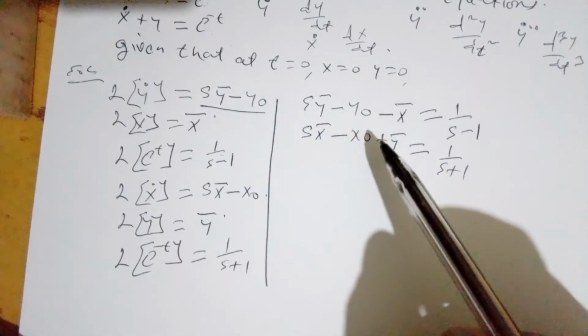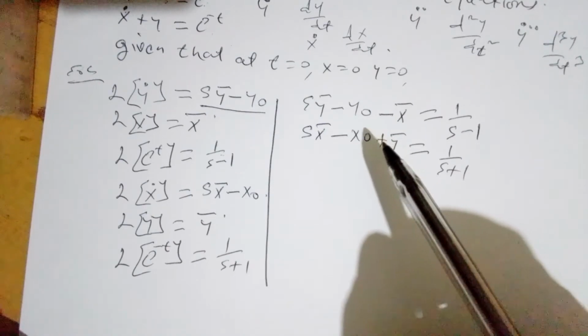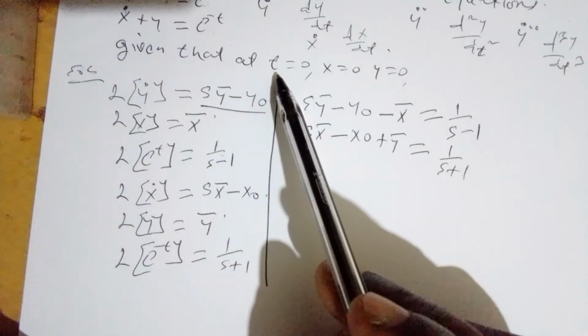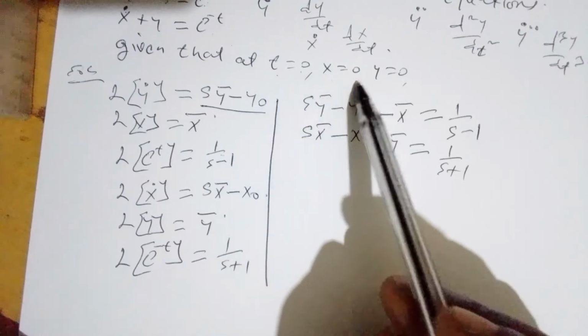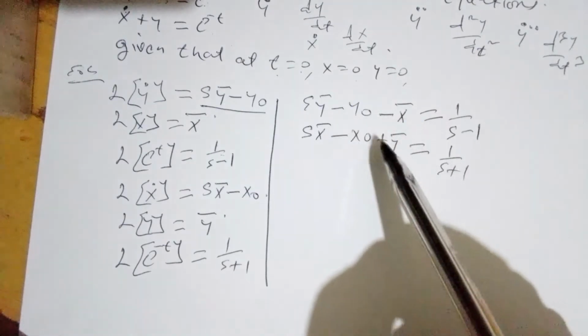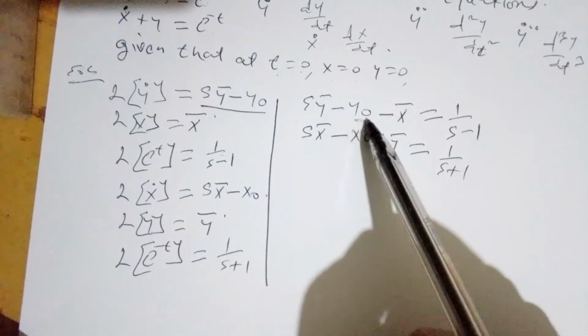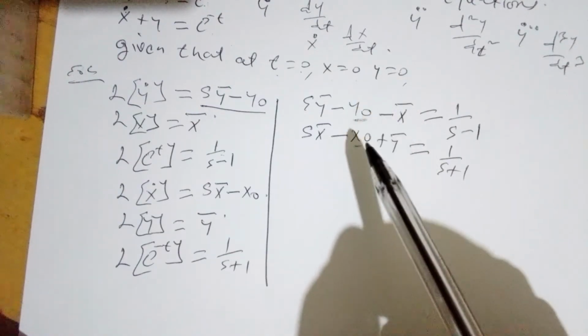So once we get the Laplace transform of the equations, we now insert the initial conditions. Remember, we had been told that at t equals 0, x equals 0, y equals 0. So from the two equations, y naught is 0 and x naught is also 0.